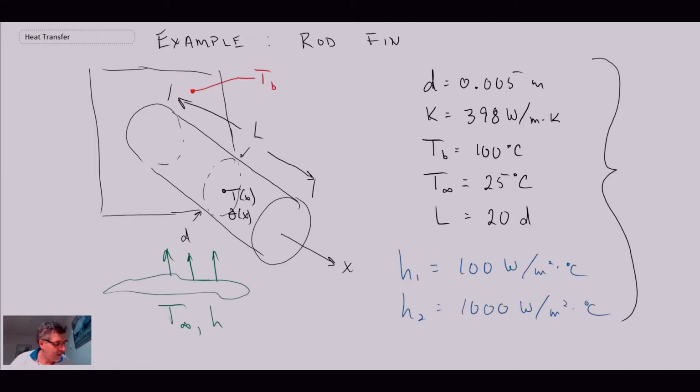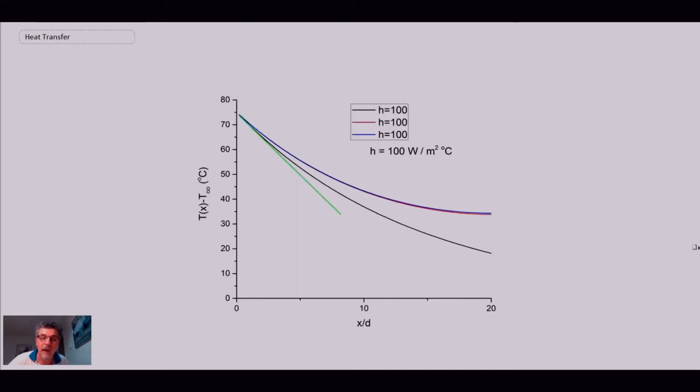Okay, so let's take a look at the solution for a rod fin, and we'll begin by considering the convective environment h1 equals 100 watts per meter squared. So this is the result of that, and what we have here, we have three different cases.